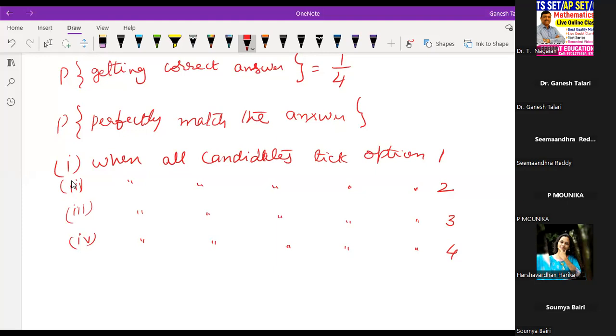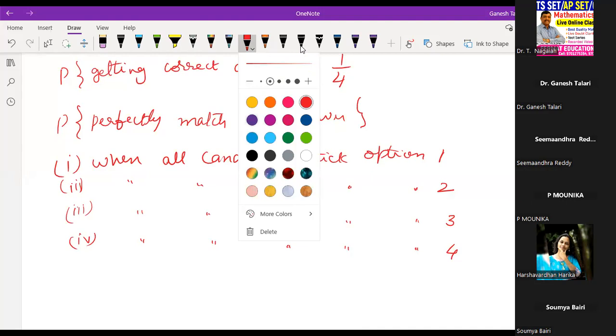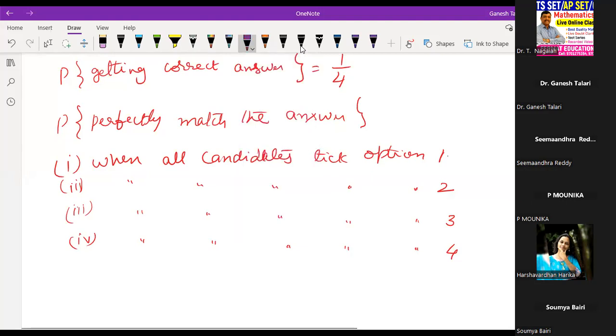Okay. So here, from A, B, and C, person A chooses option 1, person B chooses option 1, and person C chooses option 1. So for choosing option 1, it is 1 by 4. This is also 1 by 4. This is also 1 by 4.